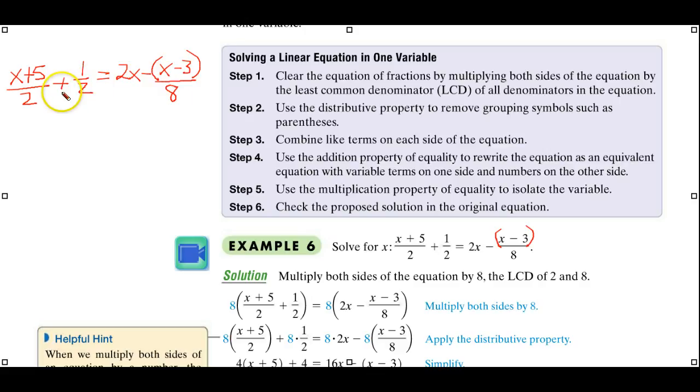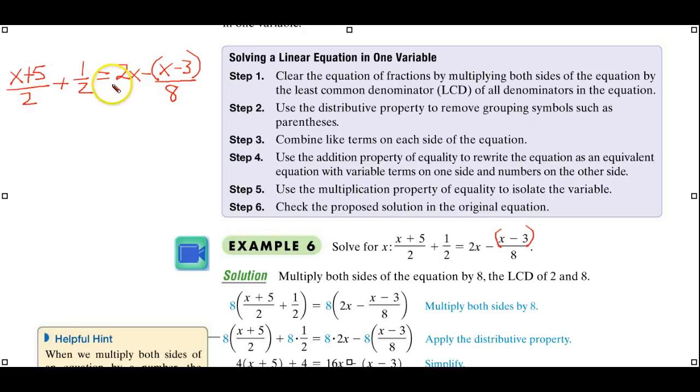Remember we said terms are separated by a positive or a negative sign. And then if they're on either side of the equal sign, then this is an expression, this is an expression.